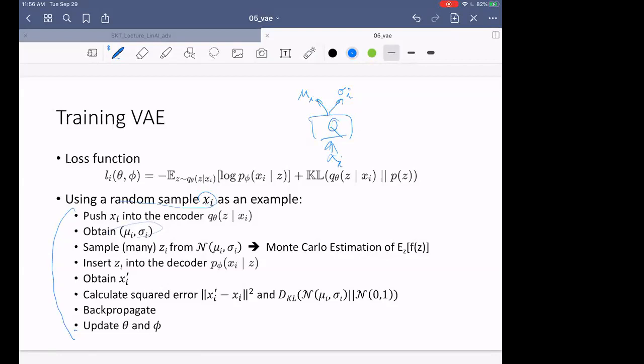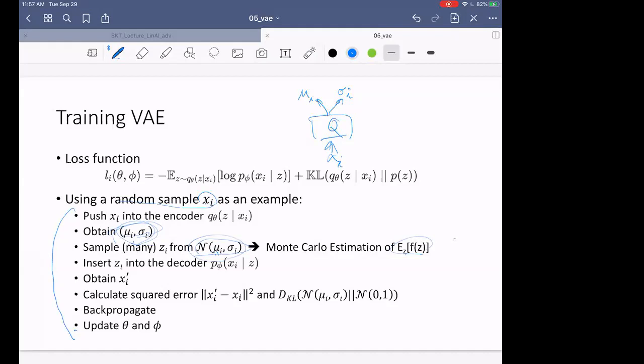So you obtain mu i and sigma i, and then you can sample possibly many Z's from your Gaussian distribution, which is parameterized by your mu i and sigma i. That is basically Monte Carlo estimation of your expectation over your posterior distribution. If you don't want to spend too much time doing Monte Carlo sampling, you can just sample one Z from your posterior Gaussian distribution.